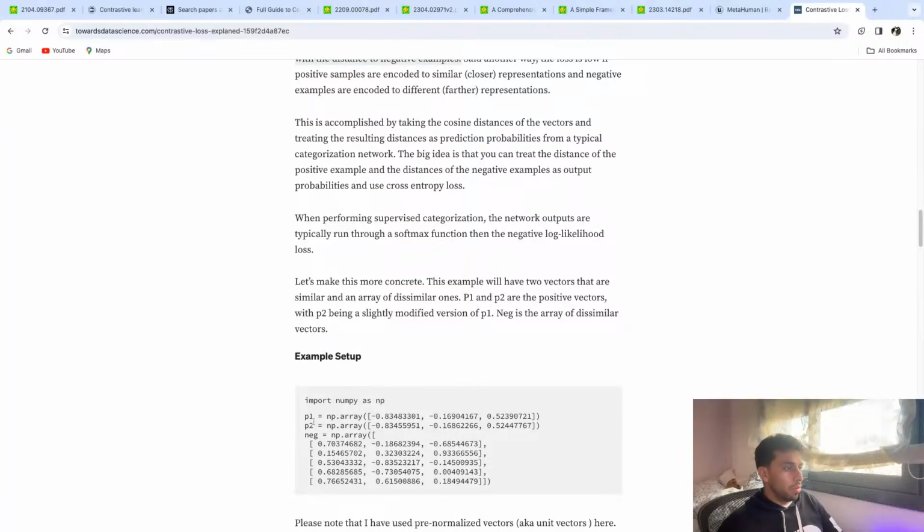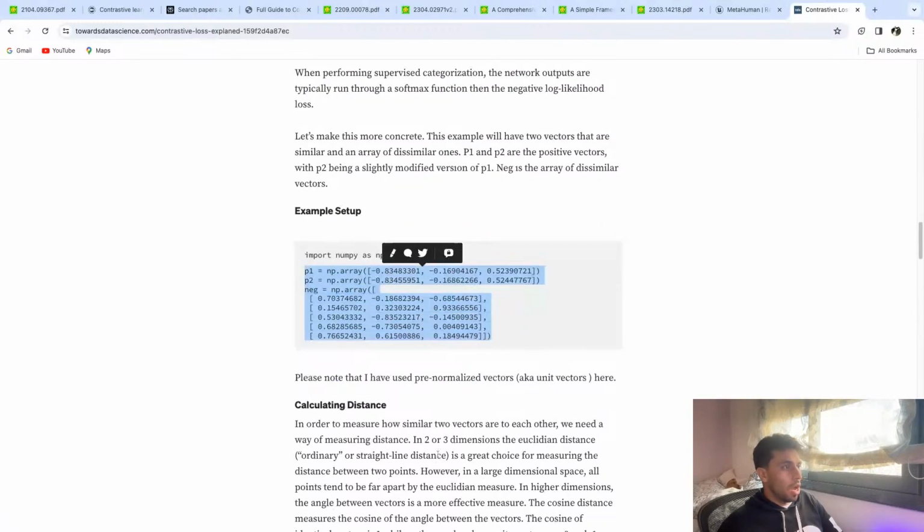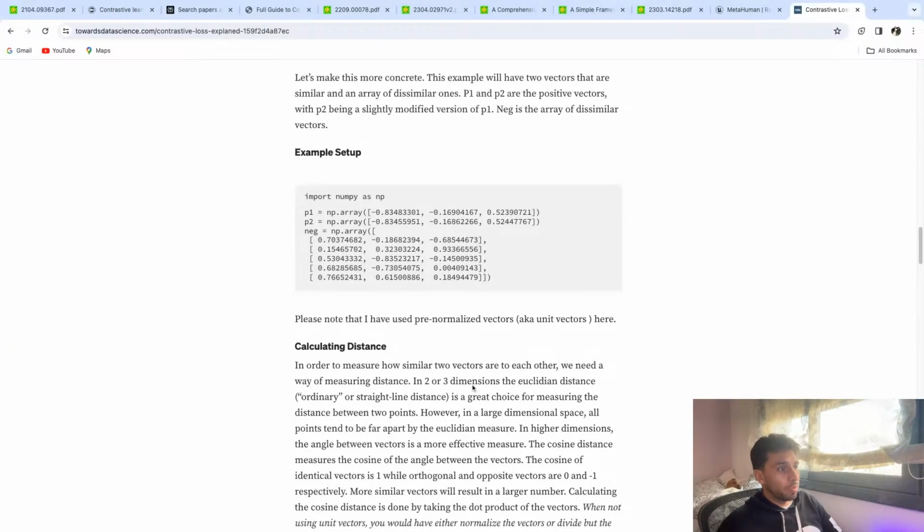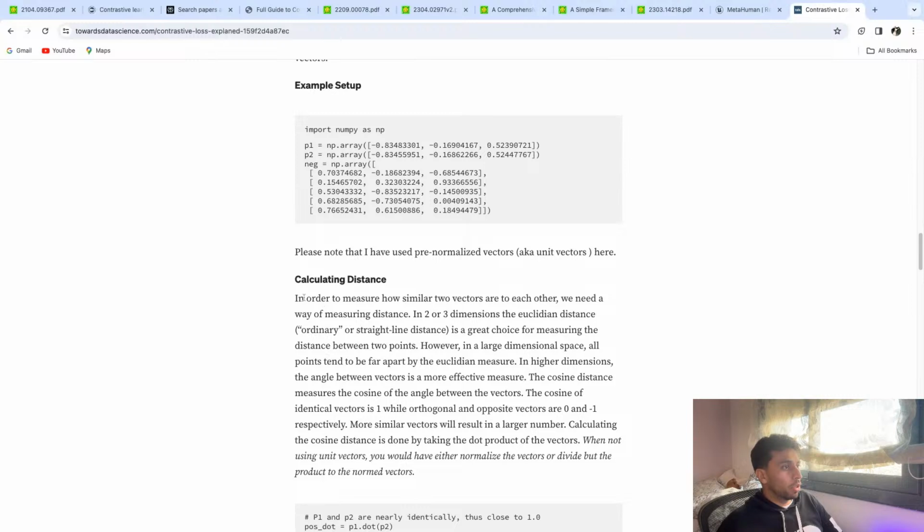So we have three vectors here: positive 1, positive 2, which is a variation of the same, and this negative array. Please note that I have used pre-normalized vectors.